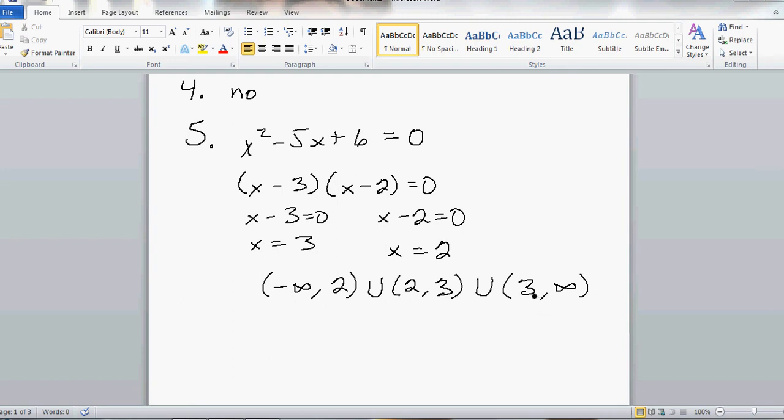Now, realize you may have had this exact same answer last year, but instead of asking where is it continuous, we would have been asking what is the domain. And realize it's not the same question, but it would have ended up being the same answer.